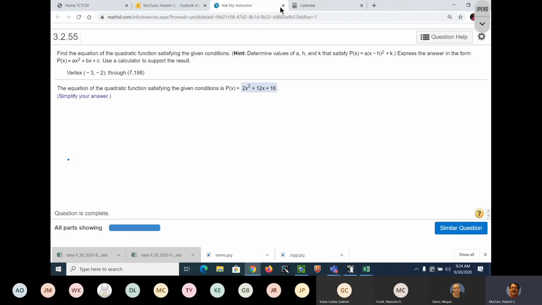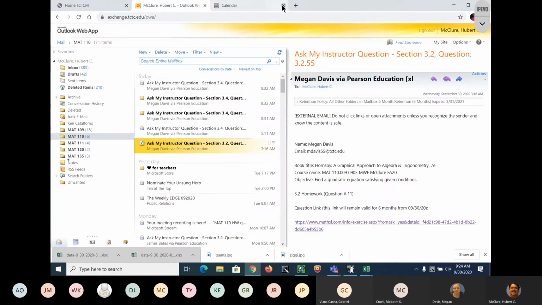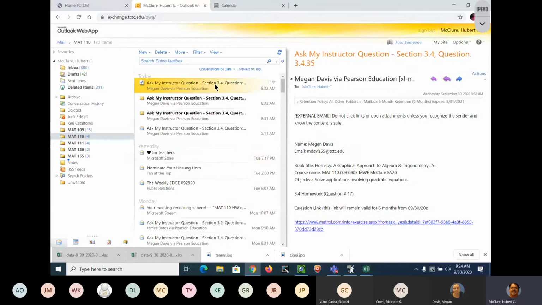Next, let's put these in. Let's see. That's 35, 33, 29. Okay, they're backwards. We'll go up. So this is 3.4, 15/8.